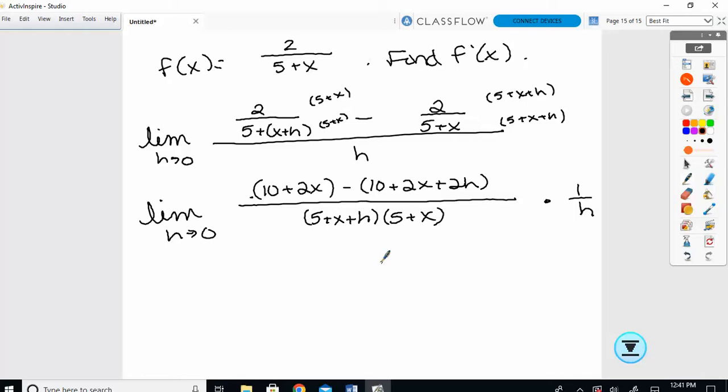Now what? Just trying to combine. So 10 and negative 10 cancel, positive and negative 2x cancel.